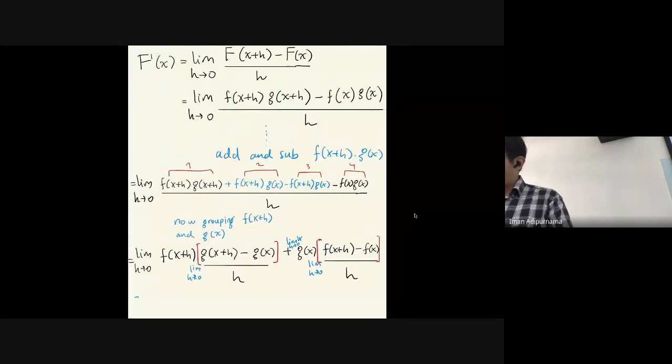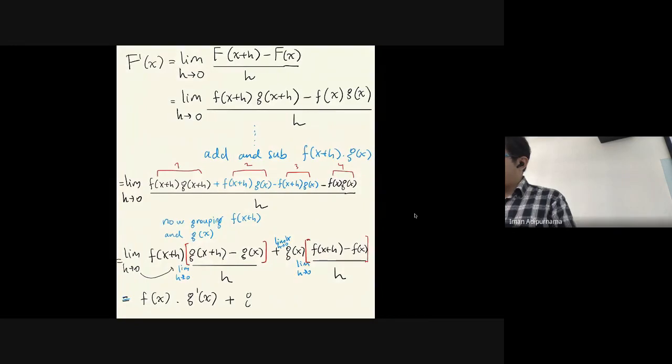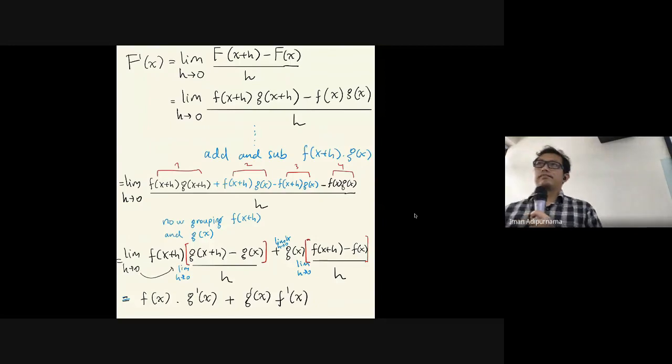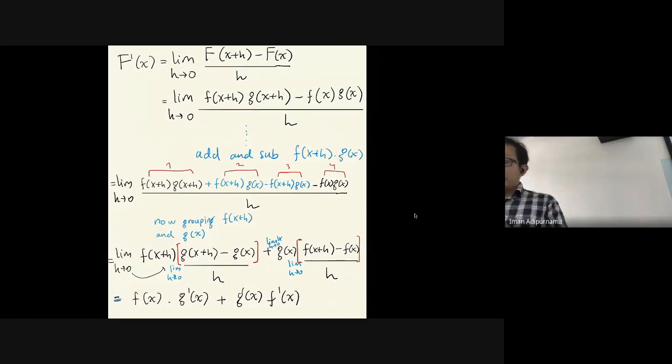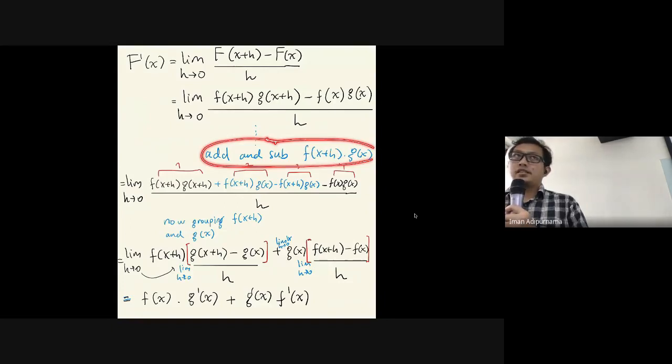So based on our definition, this becomes just f(x); you plug in 0 here. Multiply by g prime(x) plus g(x) f prime(x). Get it? It is a little bit tricky because of this adding and subtracting f(x+h) and g(x).